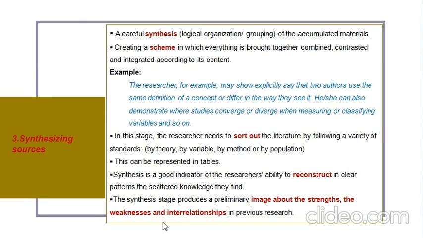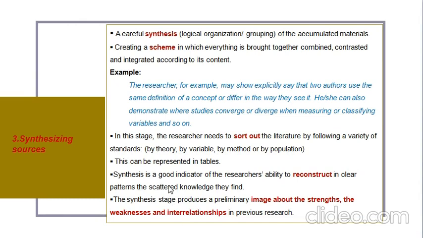Let's take an example. Suppose that the researcher is trying to define a concept or to look for definitions provided by others about a given concept. After reading, he may compile, say, 4 or 5 definitions. What is the role of the researcher?